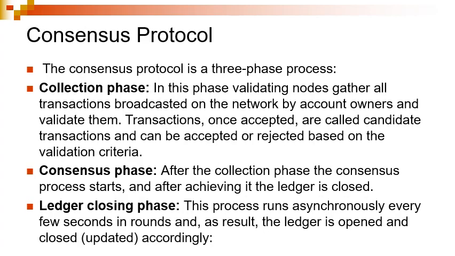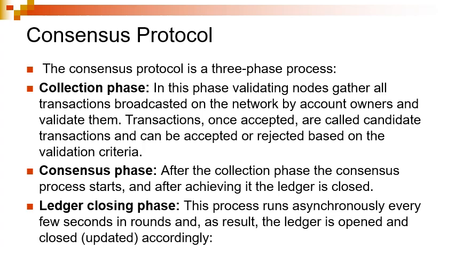So the consensus protocol is a three-phase process. There are three phases in the consensus protocol of Ripple: collection phase, consensus phase, and ledger closing phase. We will see these phases one by one.